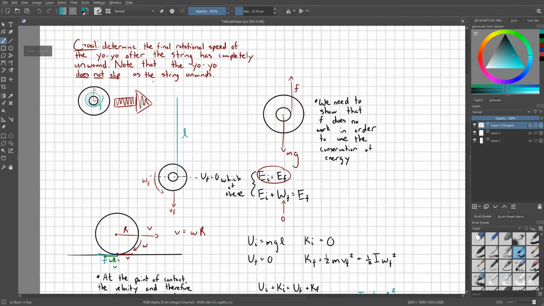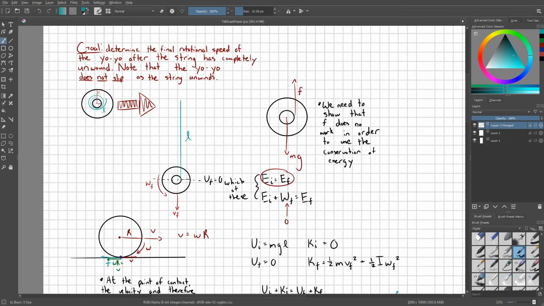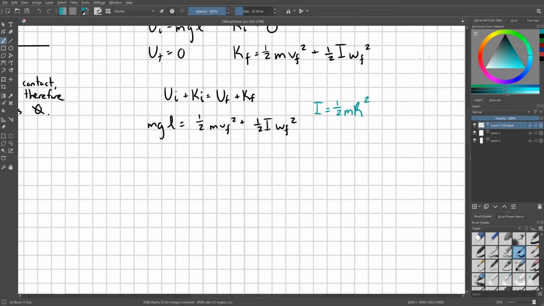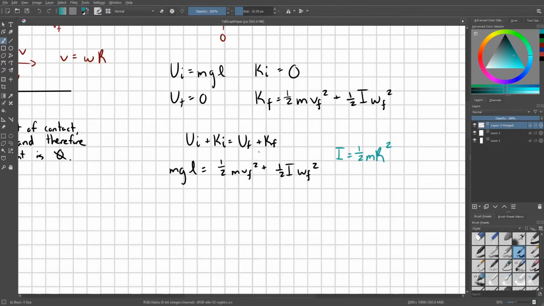We want to solve for the final rotational speed of the yo-yo. Because of that, I want to write v final in terms of omega final.